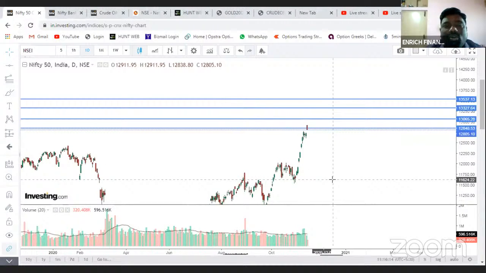So I want to show you Nifty. This indicates that we have to have strong positive hopes in the market.